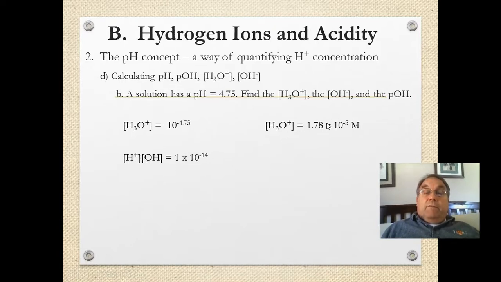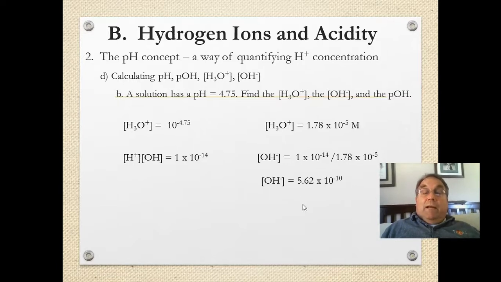So if we plug in this value here, then the OH would be this divided by this. So OH equals 10 to the negative 14th divided by 1.78 times 10 to the negative fifth, which comes out to 5.62 times 10 to the negative 10th.